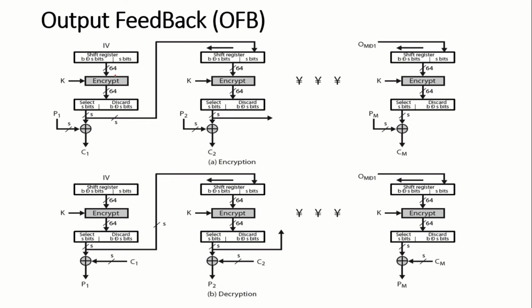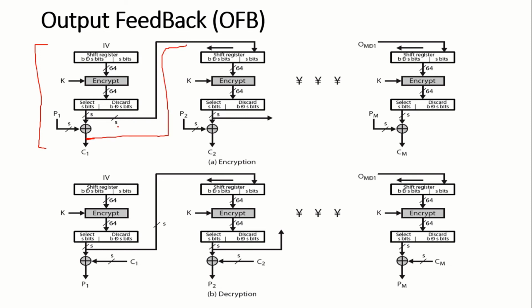If you remember the cipher feedback which we discussed earlier, in that we were performing the operation in the same way, but the result which we were getting over here was being fed back into it.